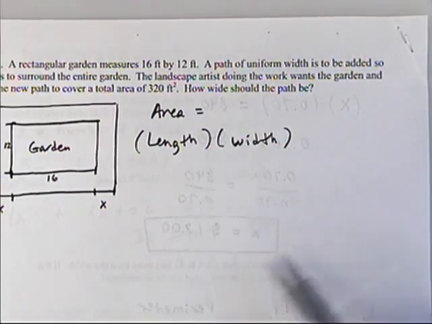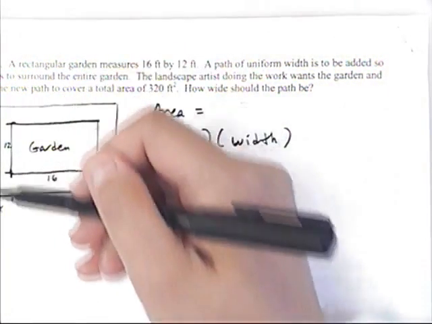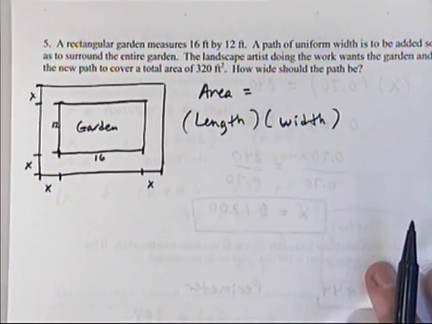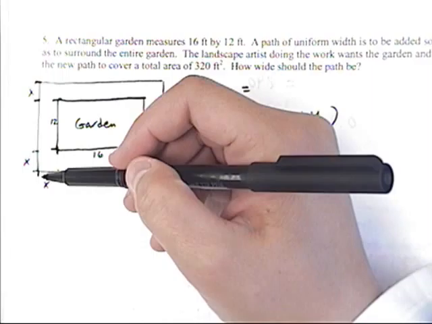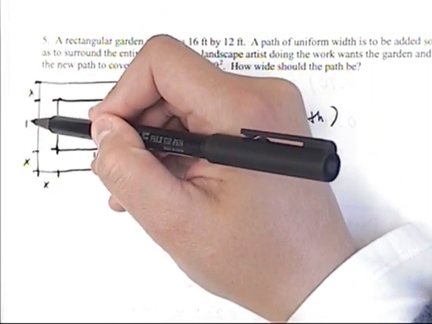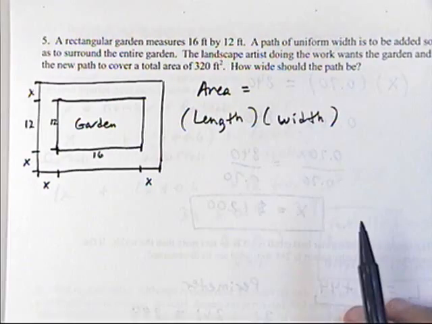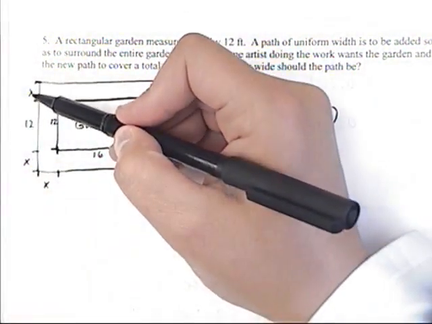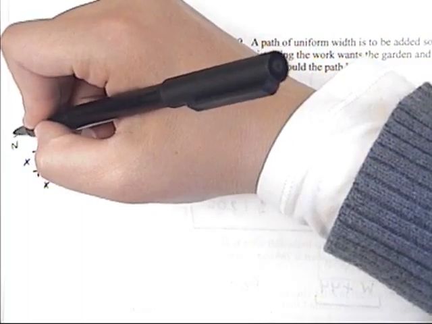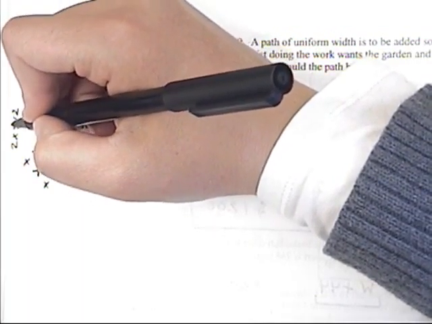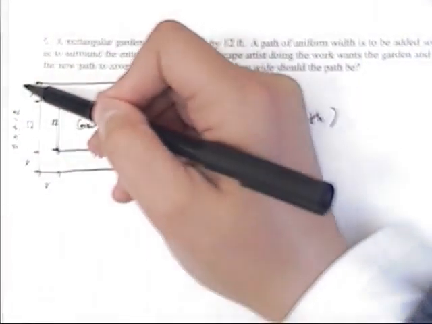If I have this whole distance here, what would that be? This distance is 12 in the middle and an x on both sides. So x plus 12 plus x would be 2x plus 12.